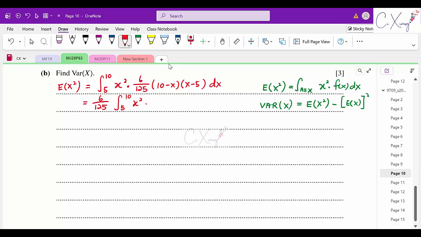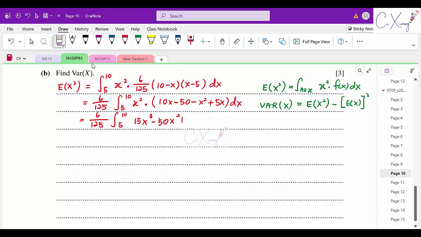Then for the two brackets here, you need to try and expand them. By right, you'll be having 10x minus 50 minus x squared plus 5x. Then only I multiply the x squared inside and simplify. By right I will be having 15x power 3 minus 50x squared, then still minus, right?